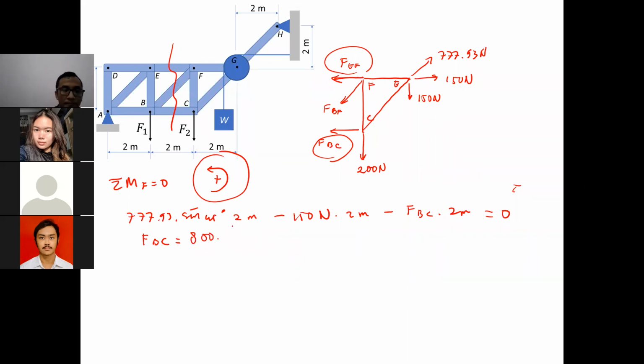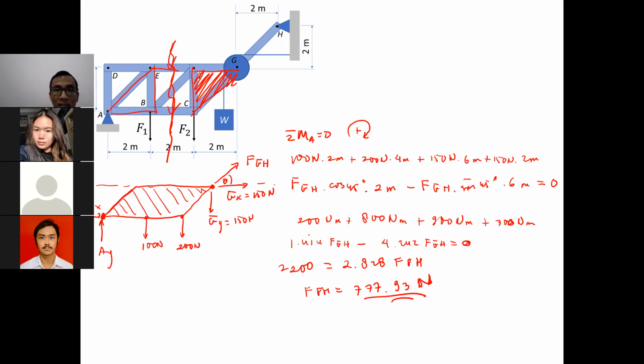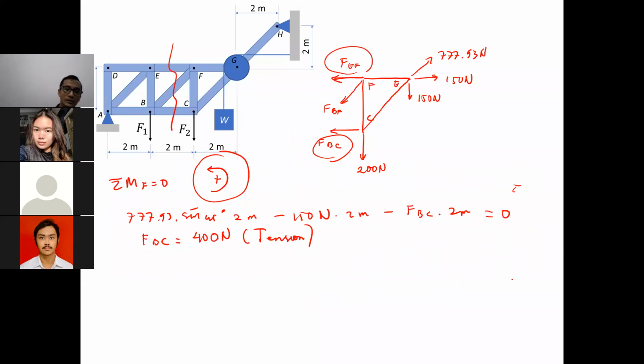So 400.08, okay, just 400 Newton. If it's positive, it means that it's tension. Don't forget to put the tension and compression there. The same with FGH just now, we found the value of FGH and it's positive, so it means that it's tension as well. Don't forget to put it there, because we are asked to inform this.